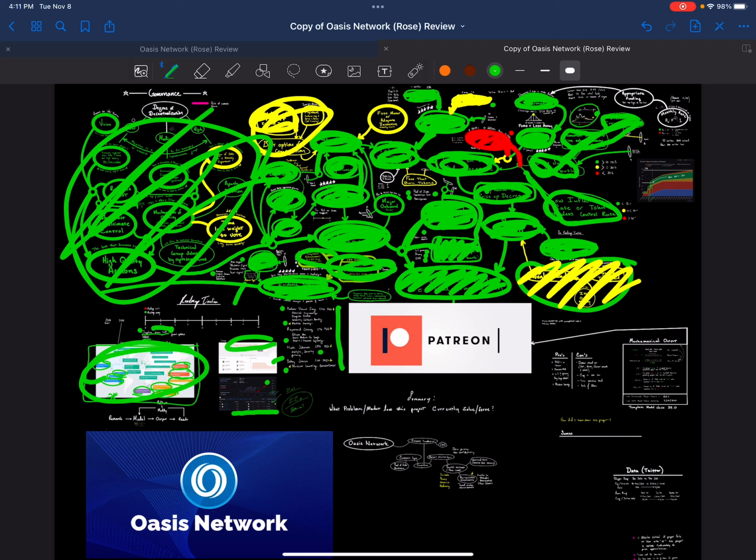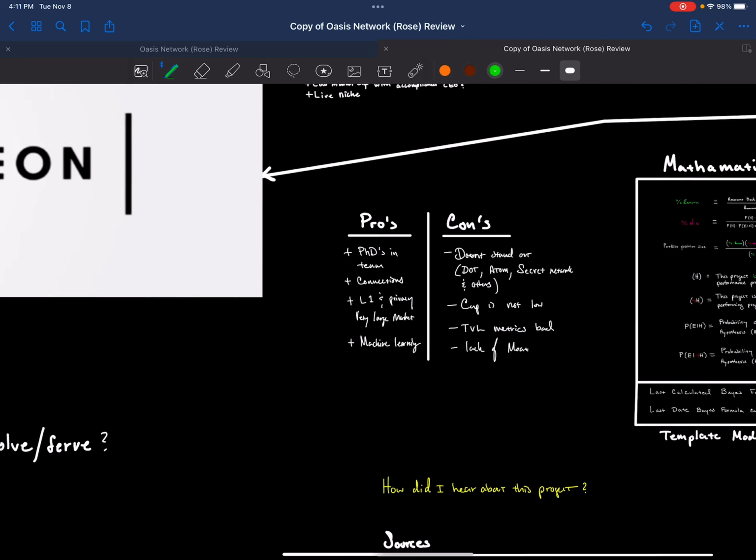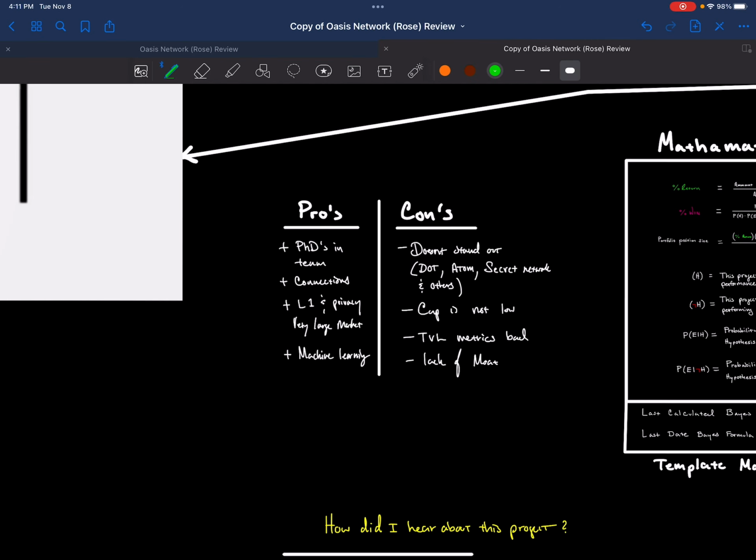All right, so that's a general overview of the model. As far as the pros and the cons, the pros: many PhDs in the team, many connections, L1 privacy, very large market, machine learning.